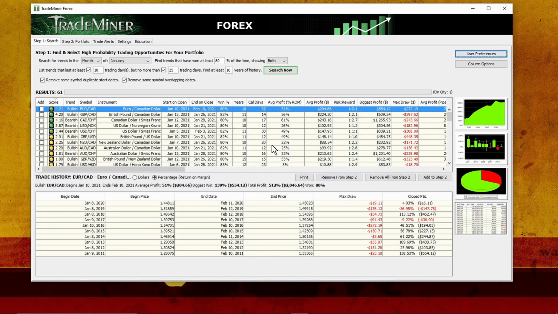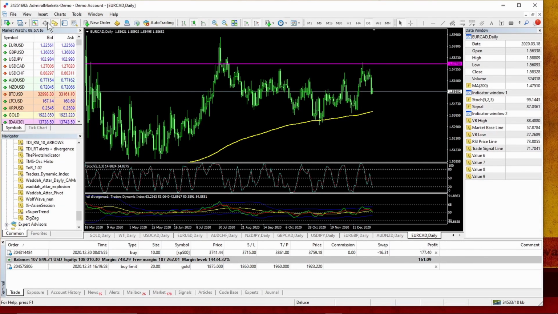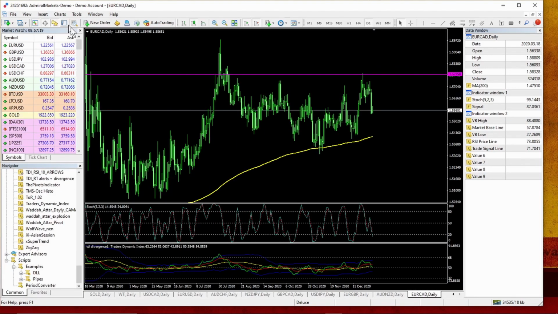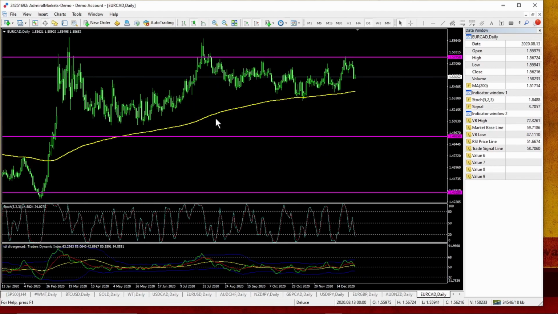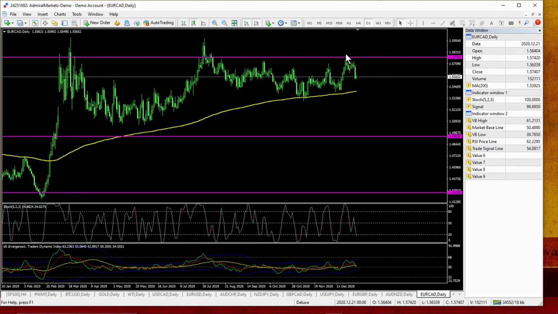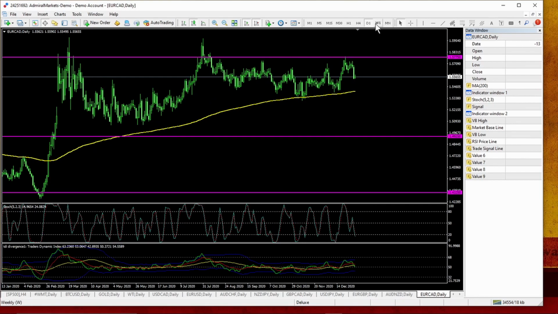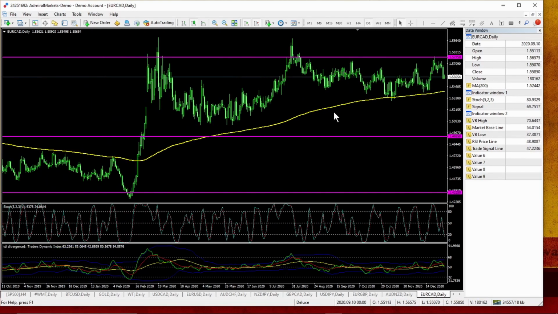Okay. Now, with that, let's take a look at the Euro CAD. Here we are looking at the Euro CAD, and we basically want to see if what's setting up in the future will be something of interest to us. Right now, as you can see on the daily, it is above the 200.